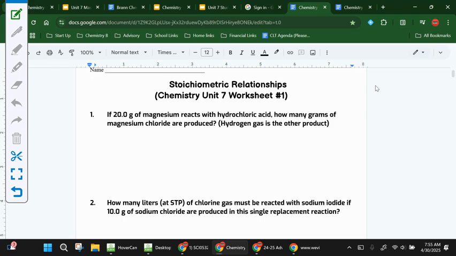Hydrochloric. An acid name that starts with hydro and ends with ic means it's between hydrogen and one other nonmetal. Okay. That's not hydrochloric. And that's not magnesium chloride.